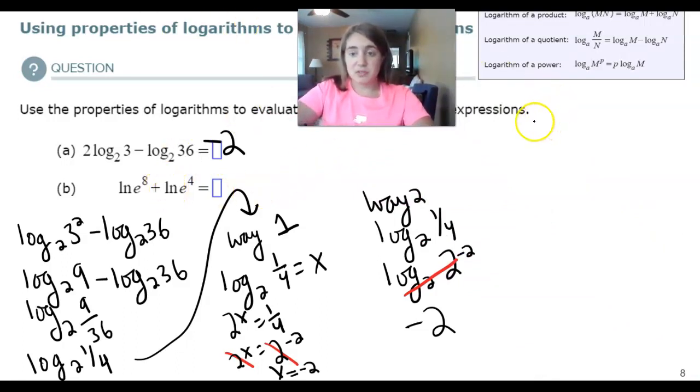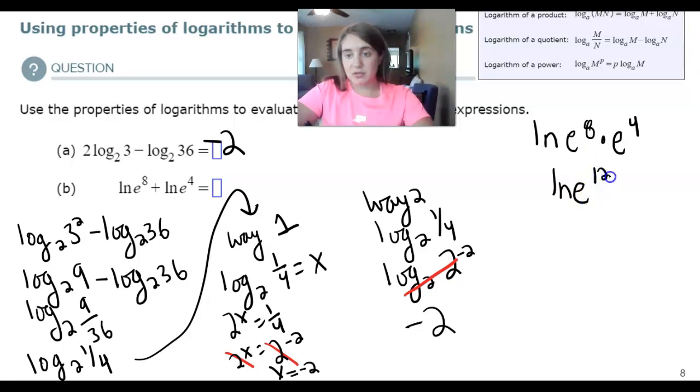Let's go ahead and try the second one. I have addition, which means multiplication. So that means ln of e to the 12th. I can think of this way 1, which would be rewriting it as log base e of e to the 12th equals what?